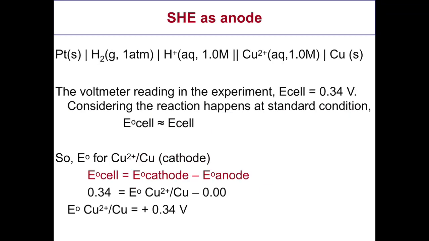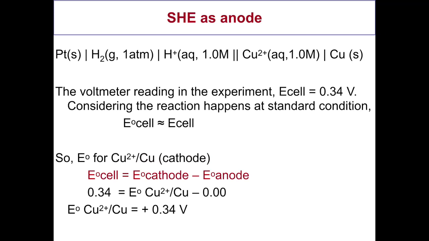When the SHE is paired up with a copper electrode, this time the voltmeter reading is 0.34 volt. Considering the reaction happens at standard condition, the value of E° cell is also 0.34 volt.